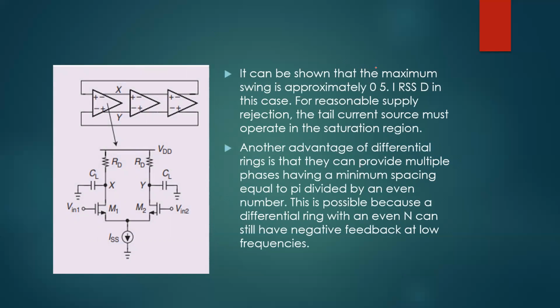It can be shown that the maximum swing is approximately 0.5 ISS RD. For reasonable supply rejection, the tail current source must operate in the saturation region.